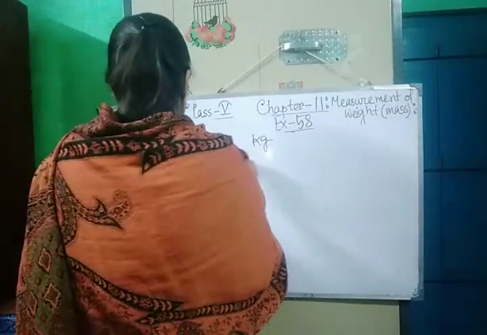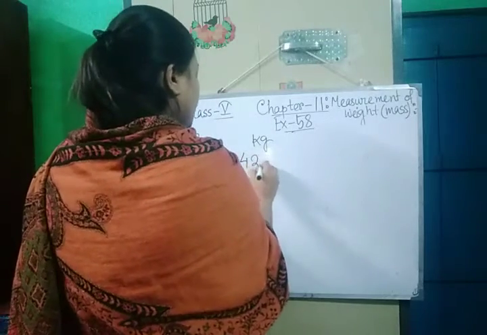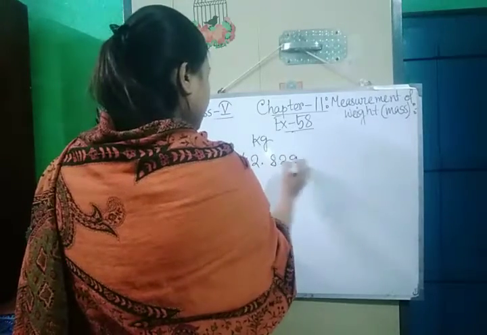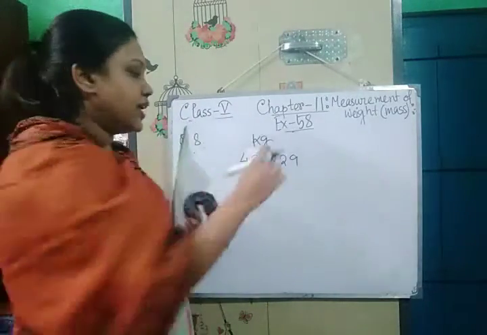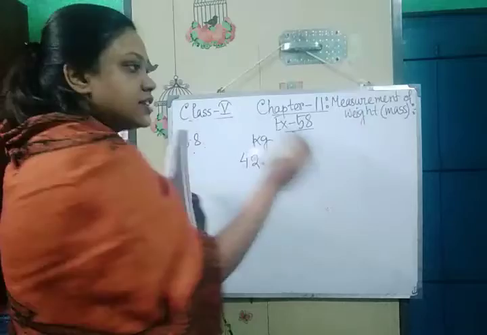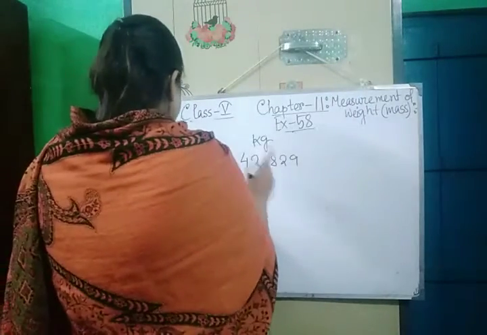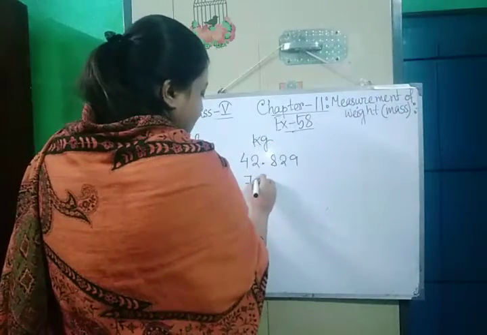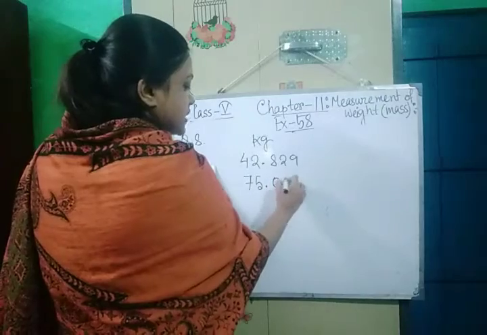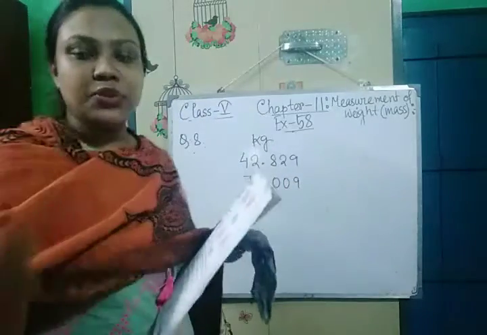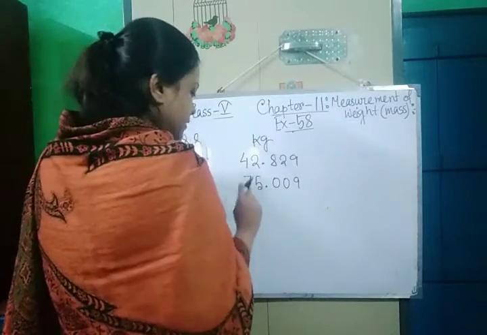So it's 42 kg and 829 grams, which we will write as 42.829. 829 has 3 digits, so divided by thousand it will be 0.829. Next one is 75 kg 9 gram. So 75 kg, then we put the point and 9 gram will be 009. If we convert 9 gram to kg, it will be 0.009, meaning 3 digits after the point, so 009.